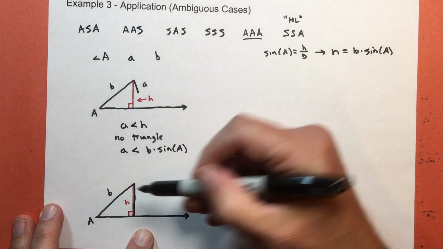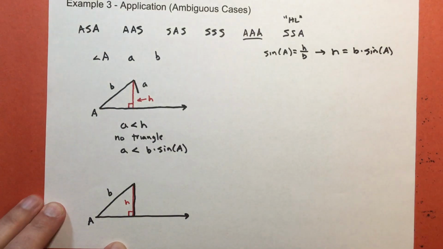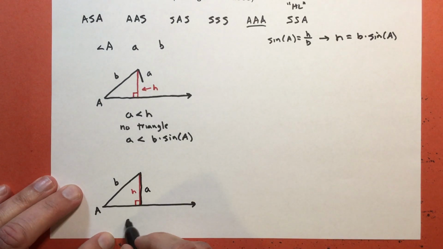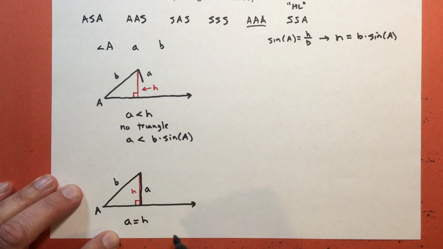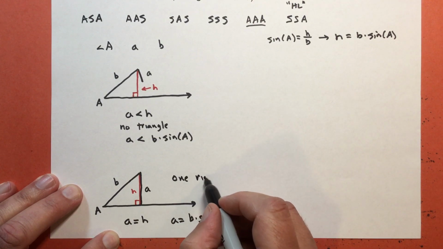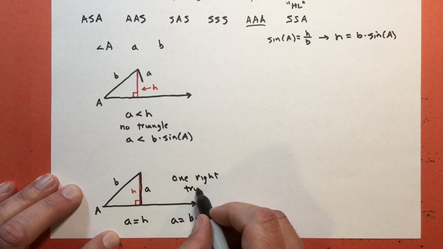Not too bad. So, if A equals H, or in other words, A equals B times sine A, I get one right triangle.